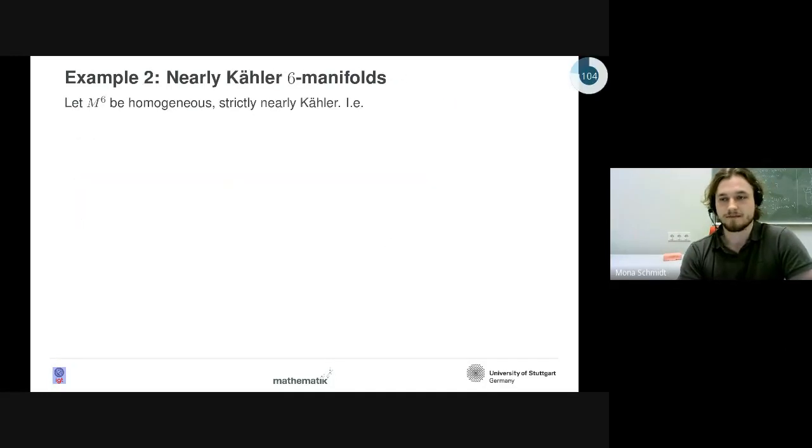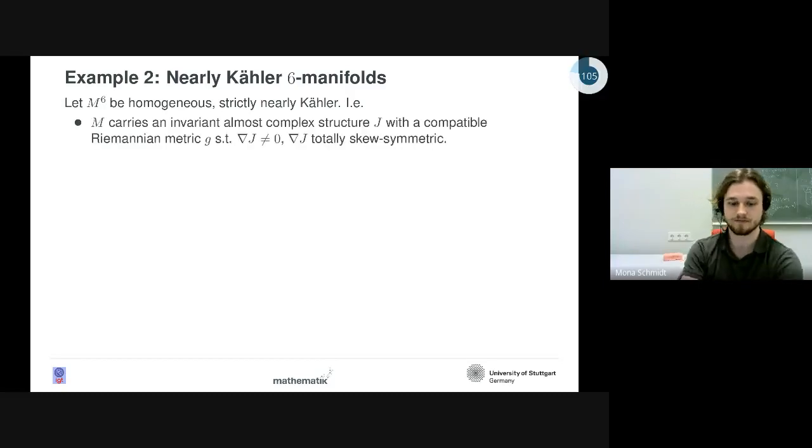All right. Next example, it works really similarly. Now we have strictly nearly Kähler manifolds in dimension 6, also homogeneous. This means, to remind you, the manifold carries an invariant almost complex structure. Then it becomes a Hermitian manifold if we assume that it has a compatible Riemannian metric g, also invariant, of course.